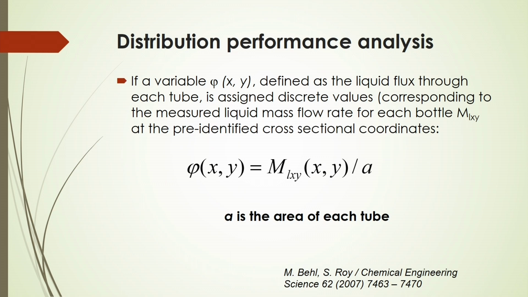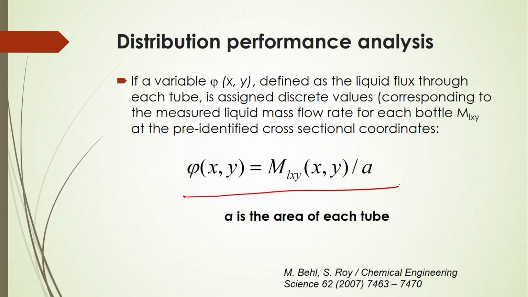Bottle means here where the liquid is collected after distributing, coming out from the reactor at pre-identified cross sectional coordinates. Then you can have this equation: phi in the x and y direction will be a function of the liquid mass flow rate coming out from the reactor after distribution. By this equation you can analyze the performance of the distribution.